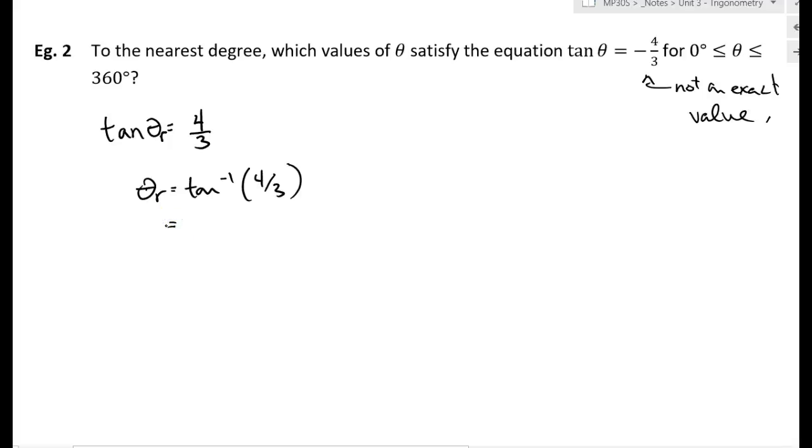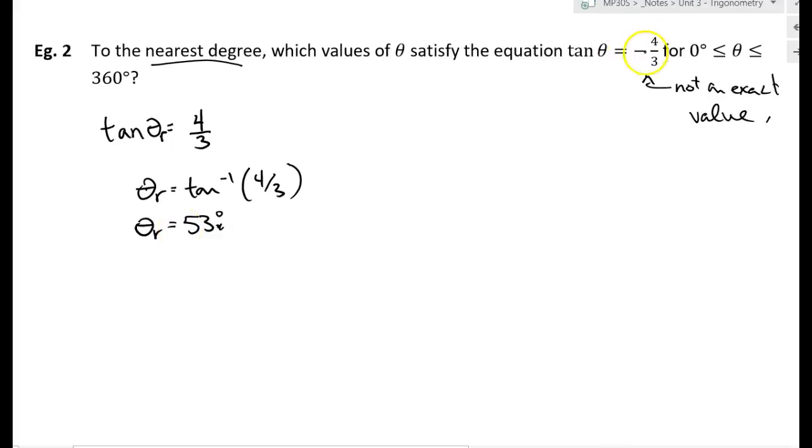You also want to make sure that, depending on how you have to enter this in your calculator, it's going to actually divide 4/3 before taking the inverse tan of it. Your final answer should be 53.1, and it says to the nearest degree, so we're just going to go with 53 degrees. That is my reference angle.